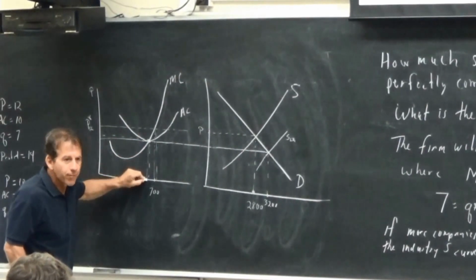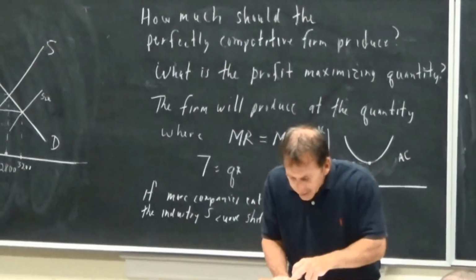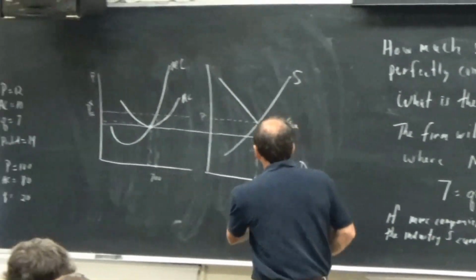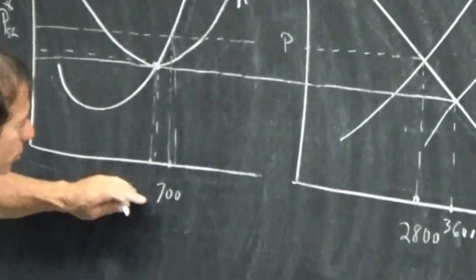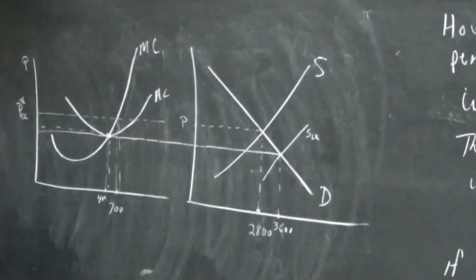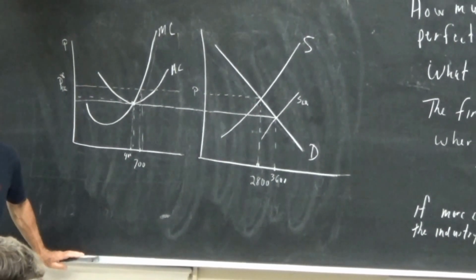It's 36. And how much is the individual company producing? 400. So tell me how many companies are in there in the long run. Okay?